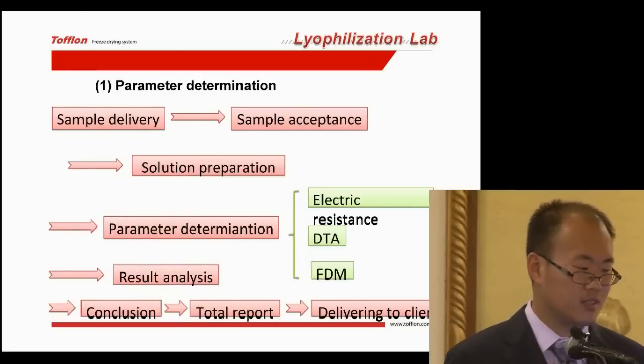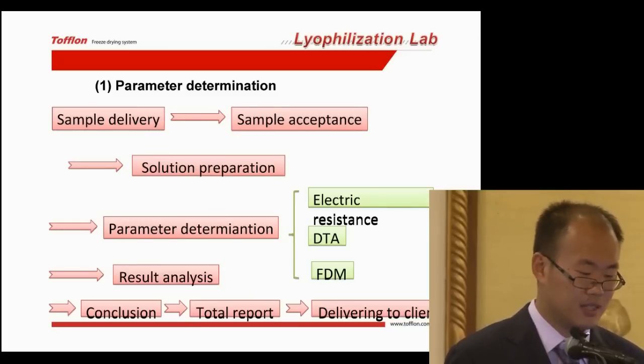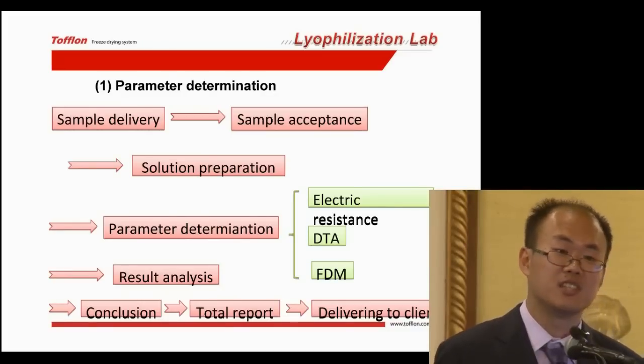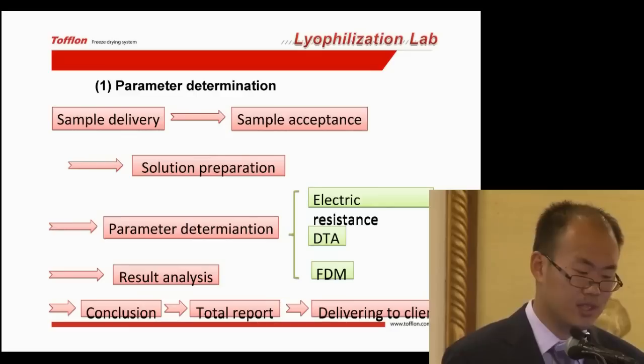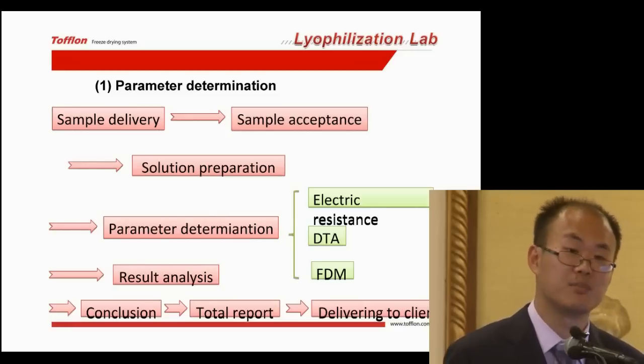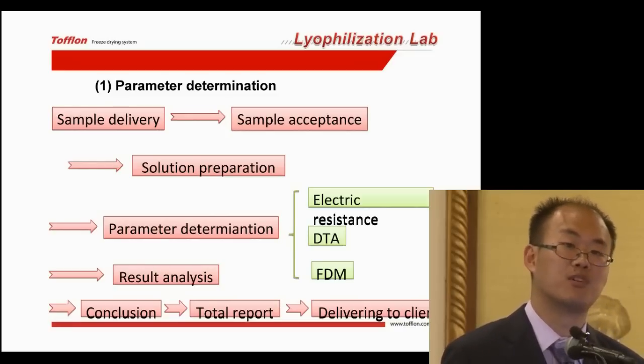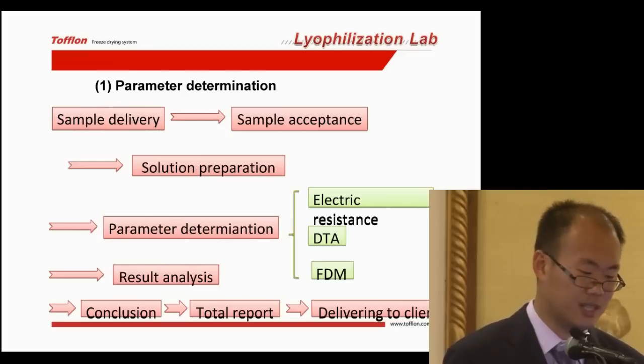When the clients deliver some samples to us, we go into the parameter determination process. If the client needs the electrical resistance measurement to determine the eutectic temperature or the glass transition temperature, we just perform this as the client requests.